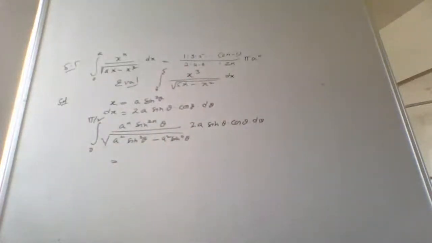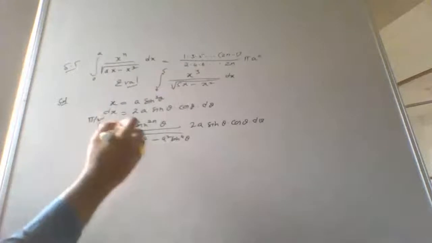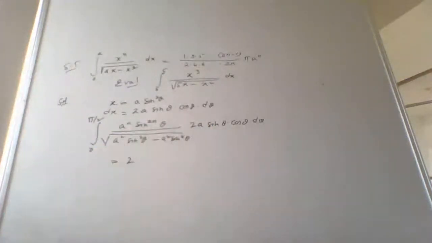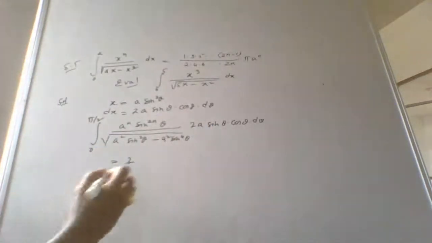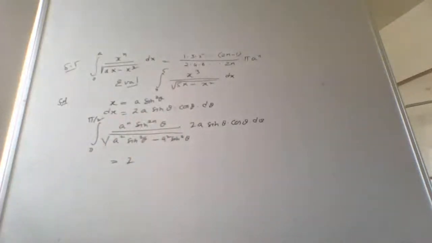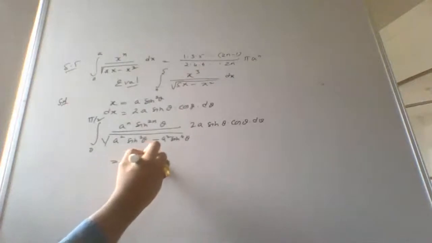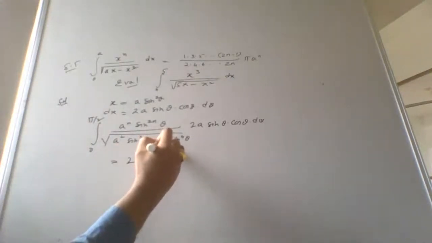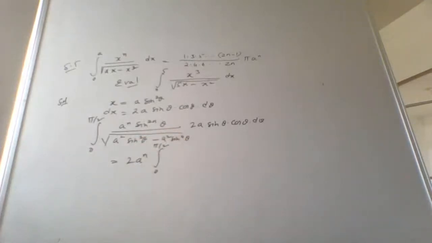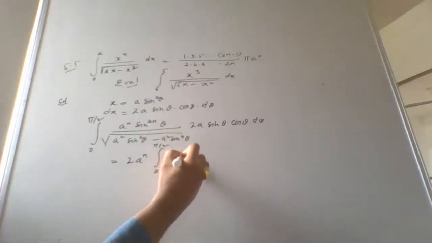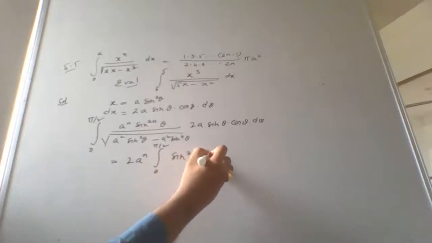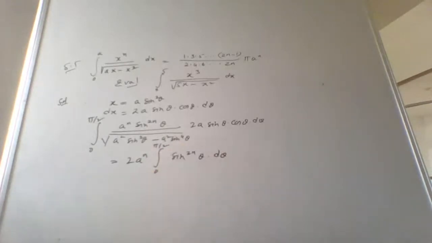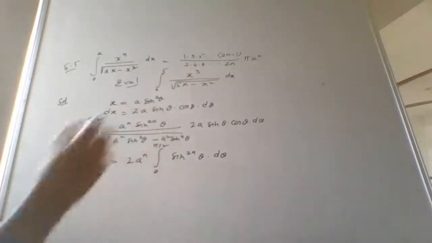I'll be left only with 2, which is a constant, and a to the power of n alone. Also I'll have 0 to pi by 2, which are the limits, and only sine to the power 2n theta d theta. That's it. The rest all gets cancelled here.